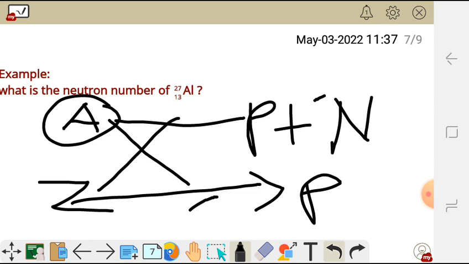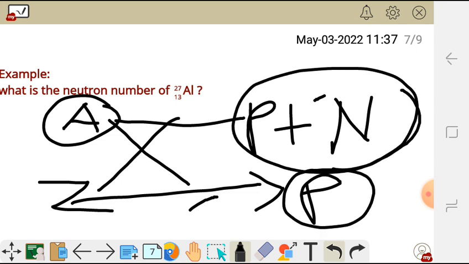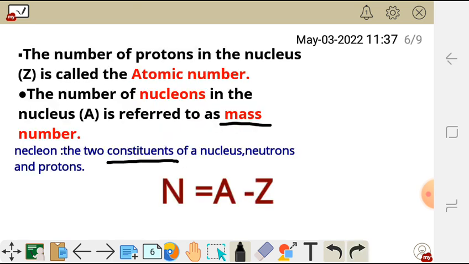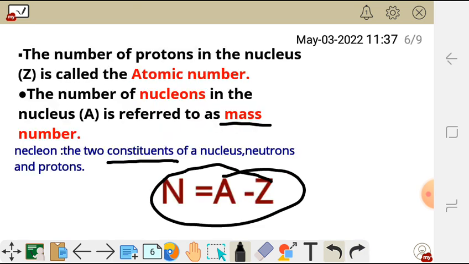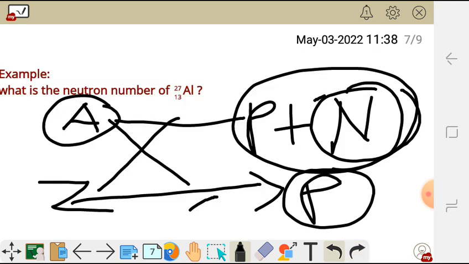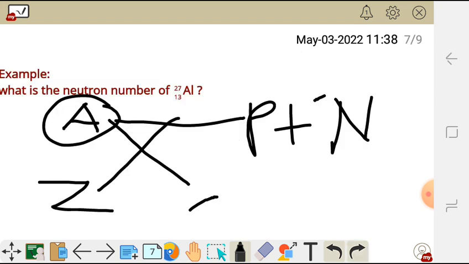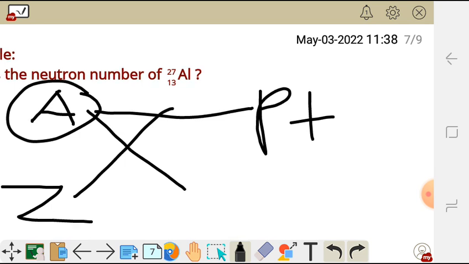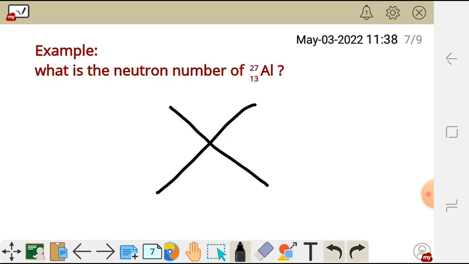So if you subtract this proton number from the mass number, what you are going to remain with is simply the neutron number. So we are going to use this formula to find the number of neutrons in the nucleus of aluminium.